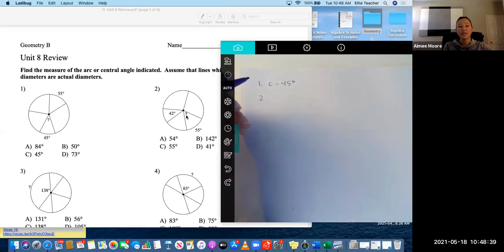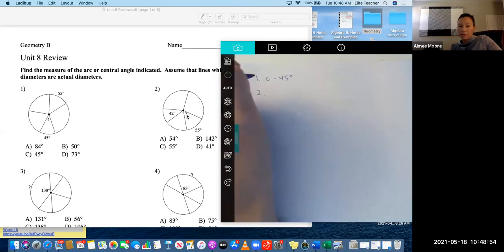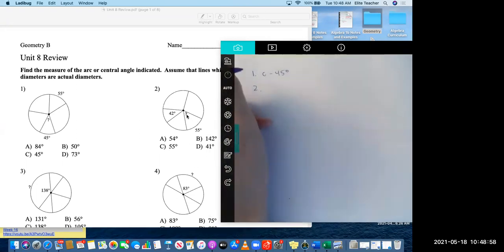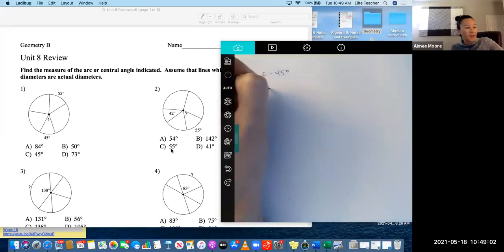So if this arc's 55, what's this angle? Wait. I think you're overthinking it. Oh, 55. Yep, they're just equal. Yep, so then that's also 55. Good.